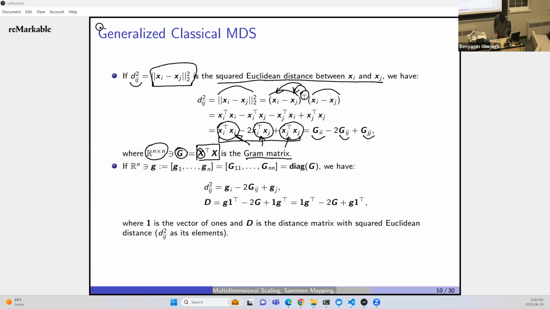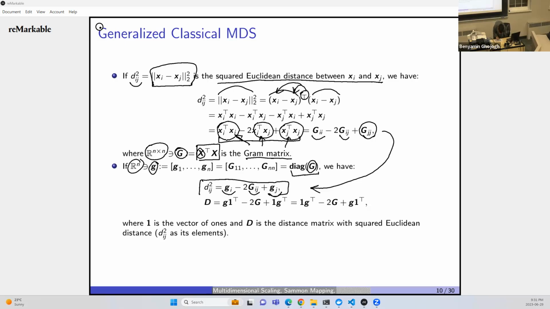Therefore, if I take the diagonal of matrix G to be a small g, it's a vector. Capital G is a matrix n by n, so its diagonal is an n-dimensional vector. I denote it by a small g. So I can write it as this, gi. What do I mean by gi? The ith element of the vector g. Gij is the same as before, but this is gj. Now we just proved it.